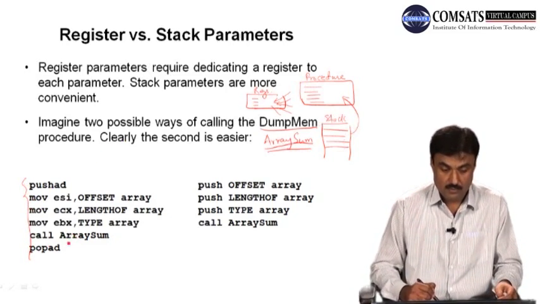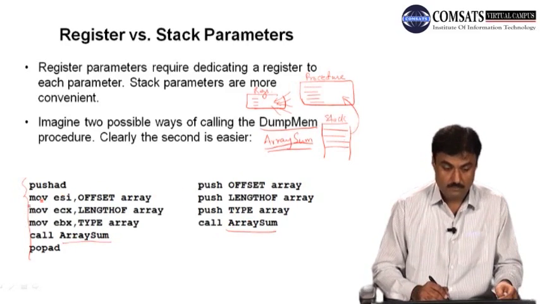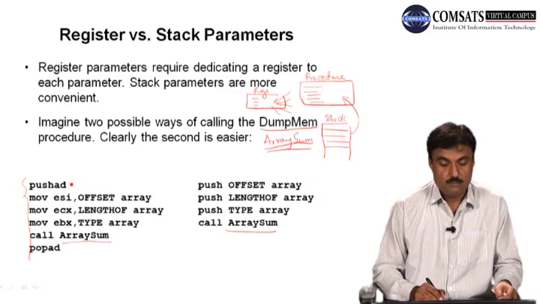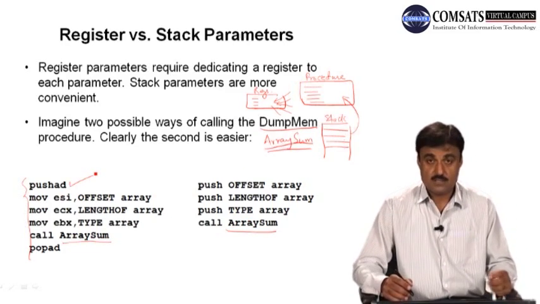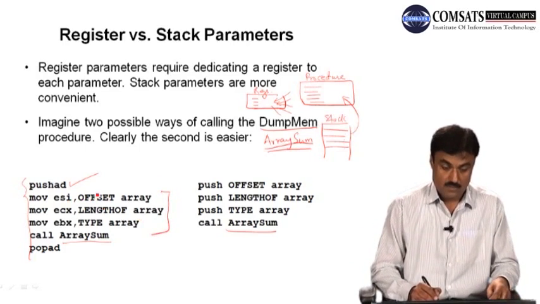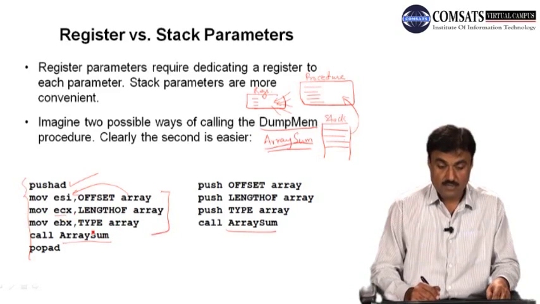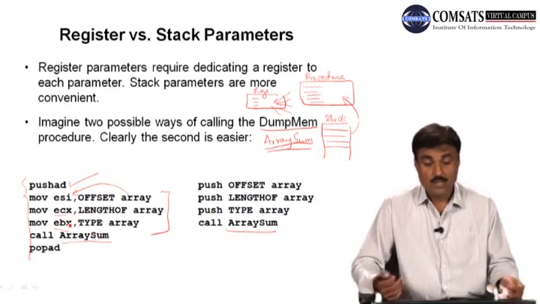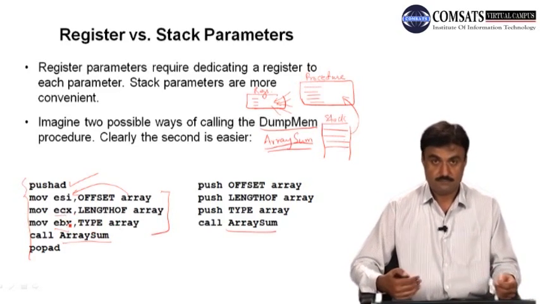Before calling it, we push all the registers, because we are using some of the registers as parameters. So we pass the address of the array in ESI, the length of the array in ECX, and the type of the array in EBX, and then we call the array sum procedure.